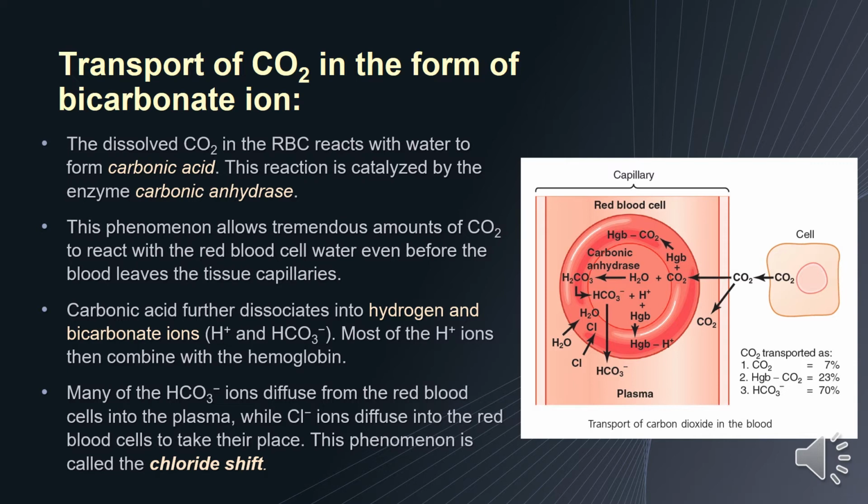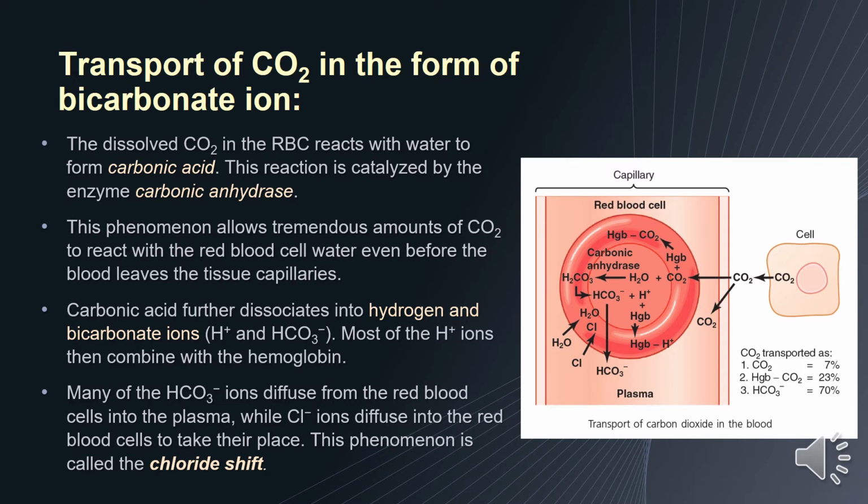Then the carbon dioxide, by simple diffusion, will leave the cell out to the interstitial space. And then from the interstitial space, it will get into the blood within the capillaries supplying that tissue. Once the carbon dioxide is within the blood, it will diffuse by simple diffusion again inside red blood cells.